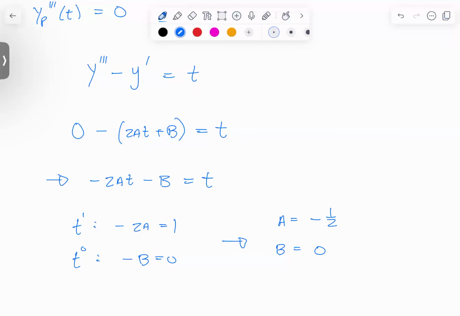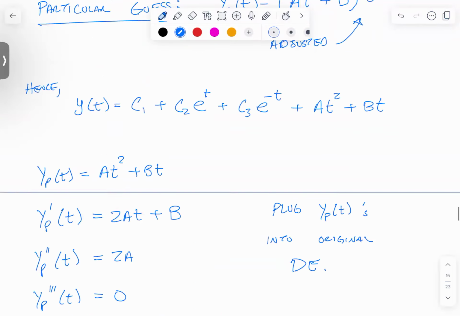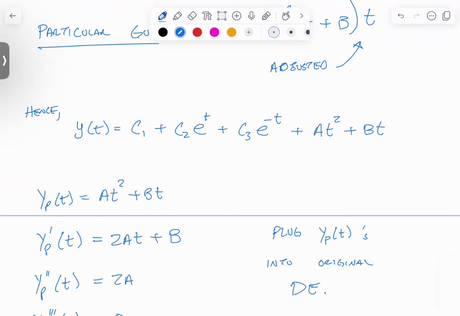Those equations are about as easy to solve as they come, right? Which means I found my coefficients for A and B.